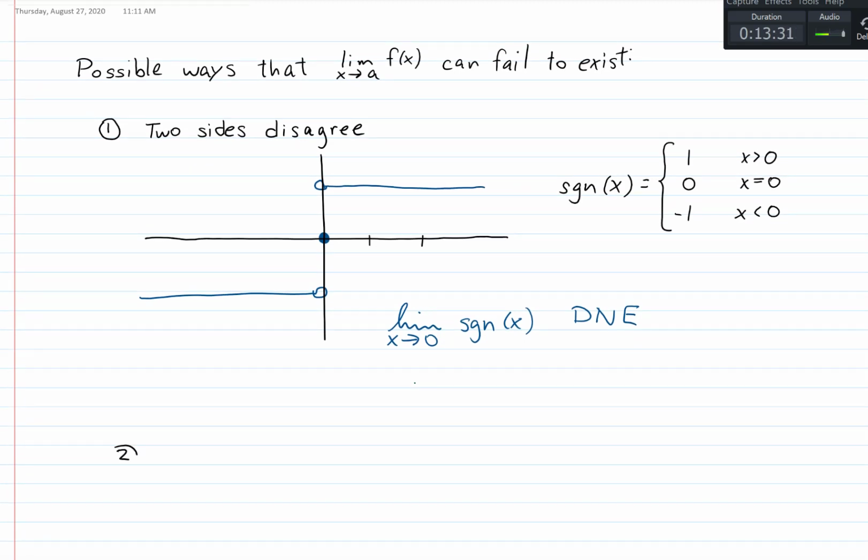Here's sort of an extreme example where the function just can't make up its mind. I'm going to write it like this: function tries to be everywhere at once.